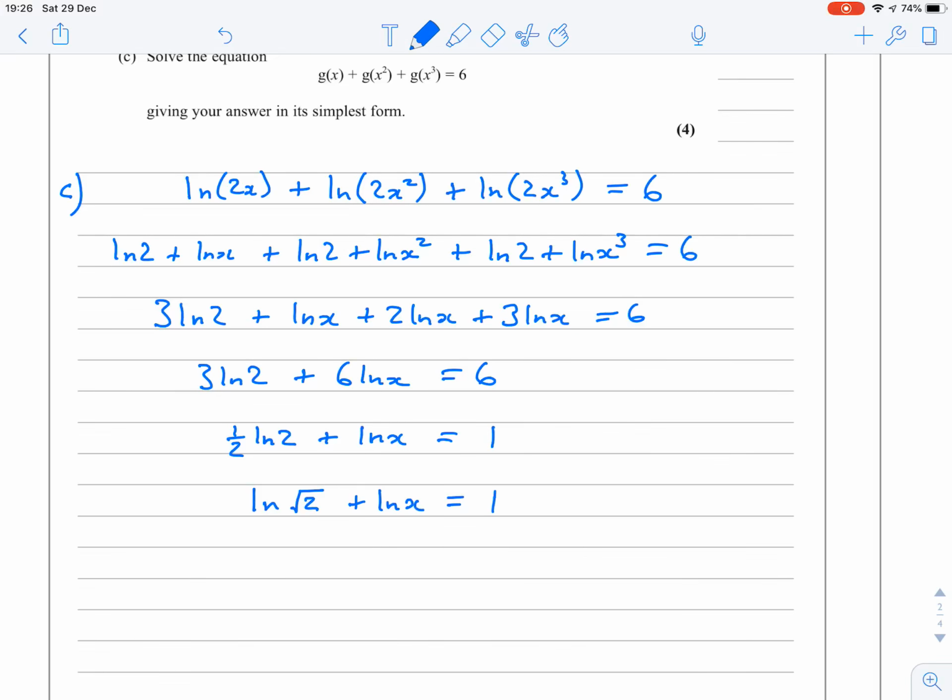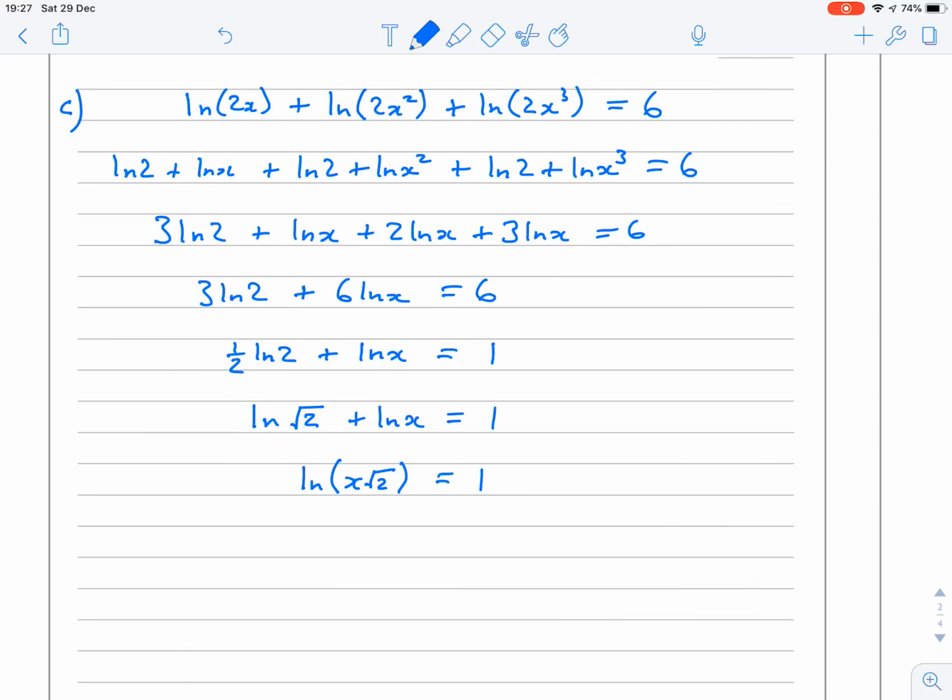Now I can add the logs together, and this will be the log of x root 2. I could write root 2 x as long as I don't put the root sign above the x. And that's equal to 1. So we can say e to the left hand side equals e to the right hand side. e to the log (x root 2) is equal to e to the 1, which of course is just e.